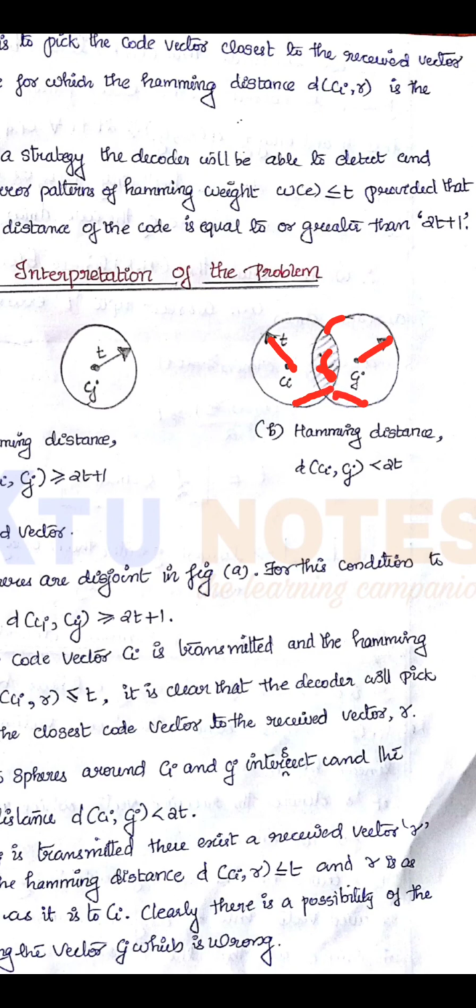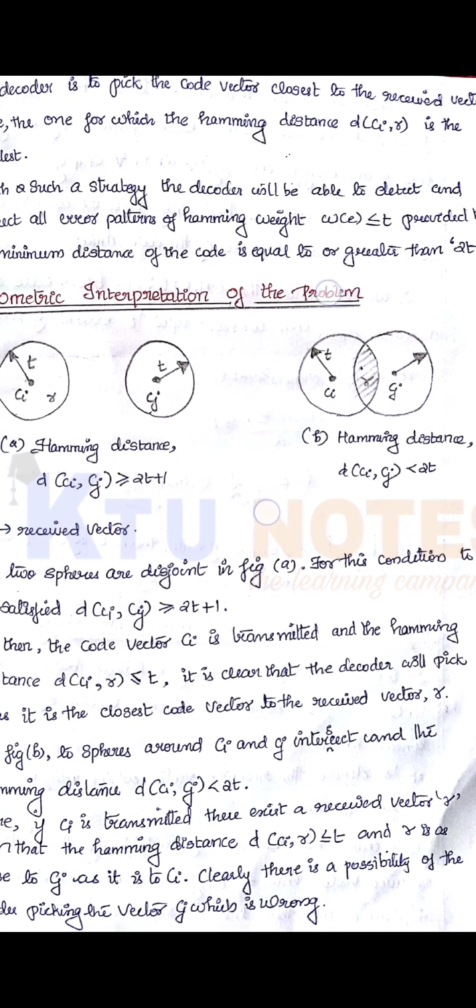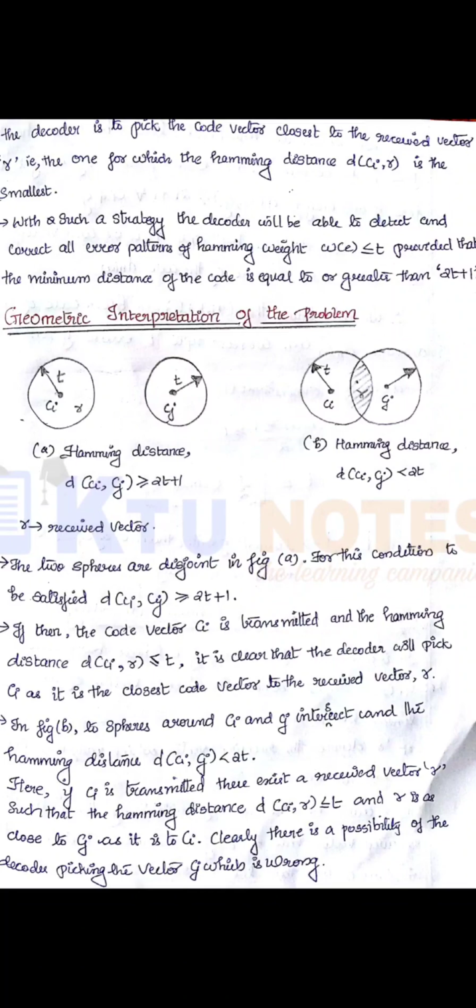So if r is received here, the distance between r and Cj and r and Ci is equal. So the decoder does not get a minimum distance from this section. So it should be like that: Ci and Cj should be disjoint vectors and they should maintain a minimum of 2t plus 1 distance.